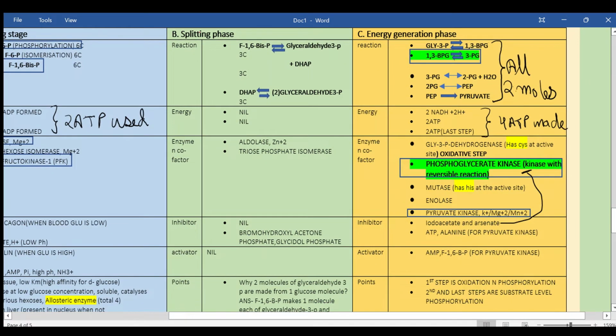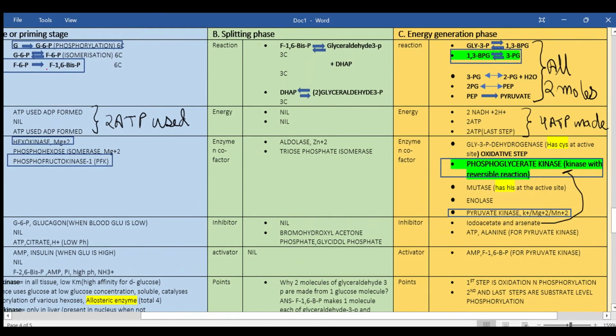Splitting phase means something will split into 2 or more compounds. Let's see. The reaction here is fructose 1,6-bisphosphate. Fructose 1,6-bisphosphate is the final product in the priming stage, so this product will come here in the splitting phase.